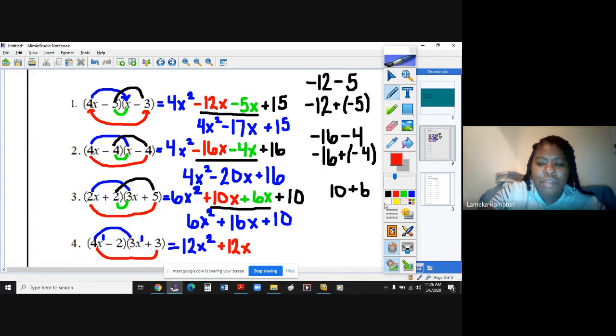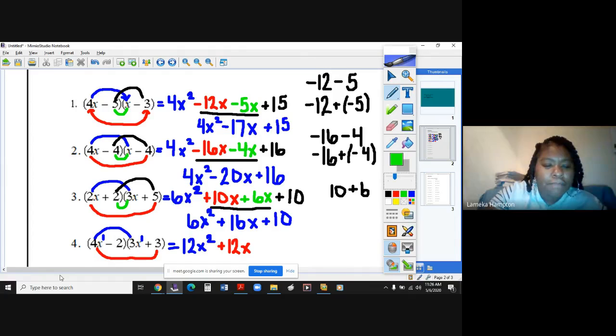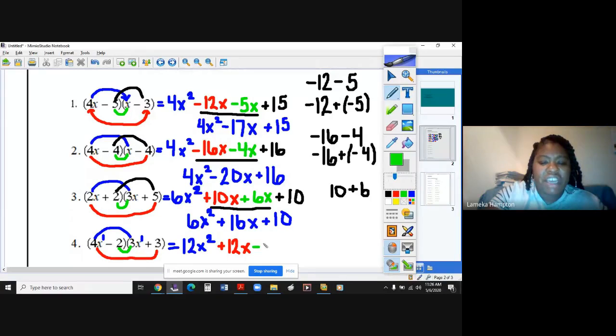All right. What are my inner terms that I'm going to be multiplying? The negative 2 times the 3x. So what is negative 2 times 3x? Negative 6x. Excellent.